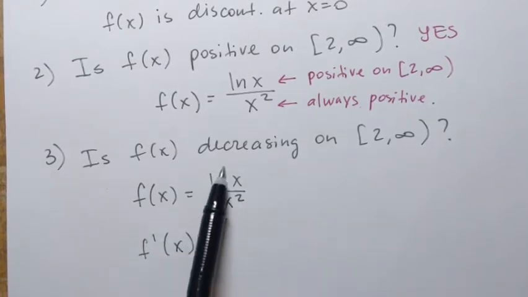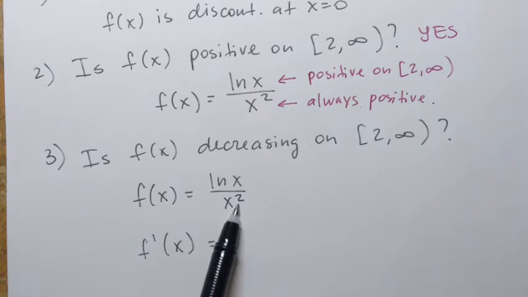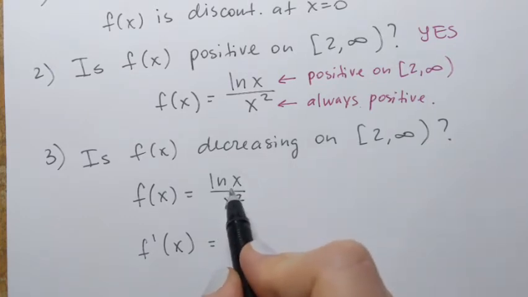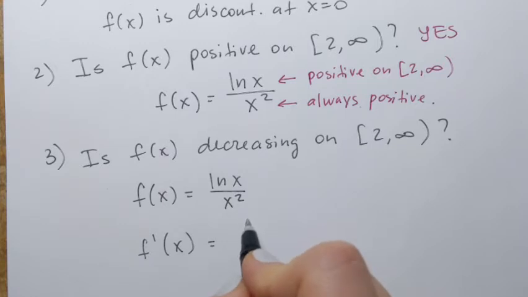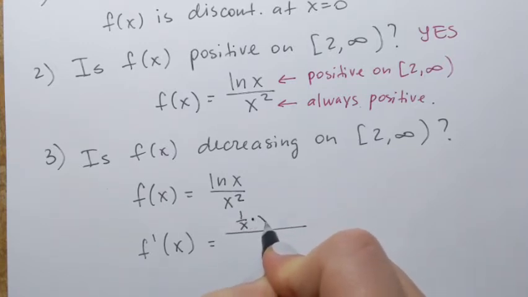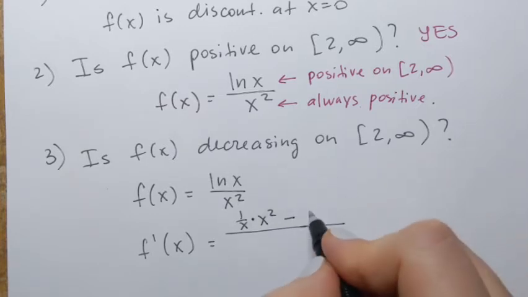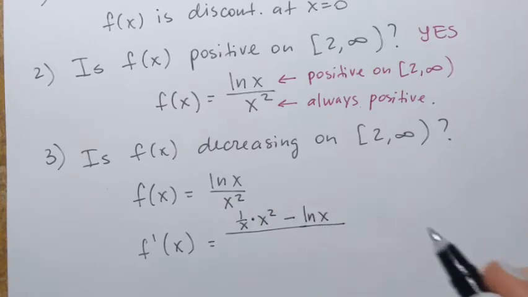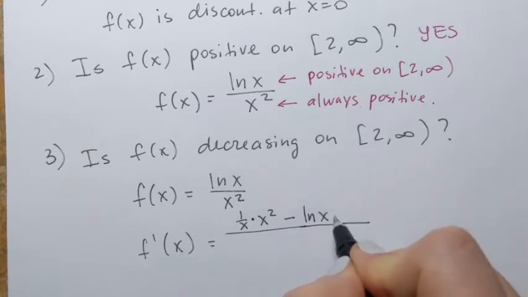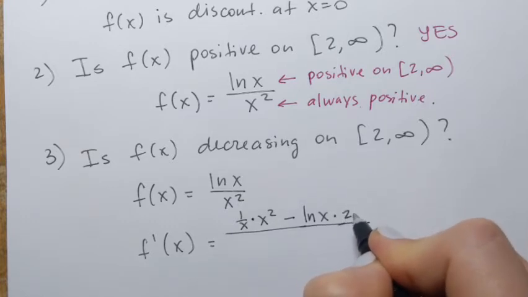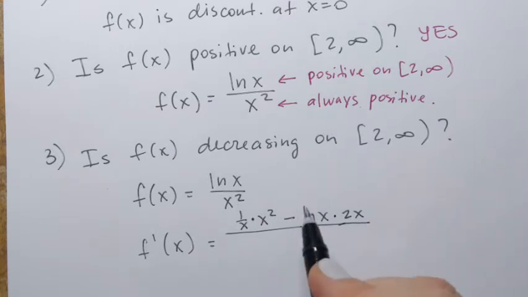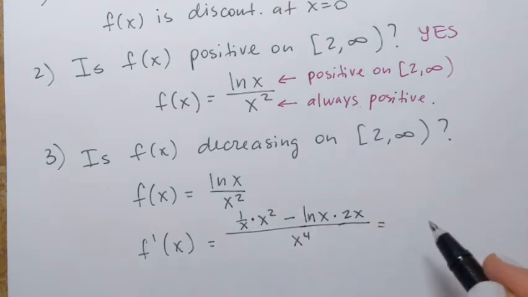It looks like we have to use the quotient rule here, right? So the quotient rule is: take the derivative of the numerator, which is 1 over x, multiply by the denominator, then minus the function from the numerator times the derivative of the denominator, so it's times 2x, and then that's all over the square of the denominator, so it's x to the 4th power in the denominator.